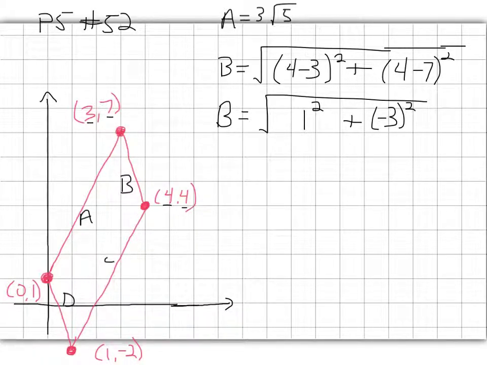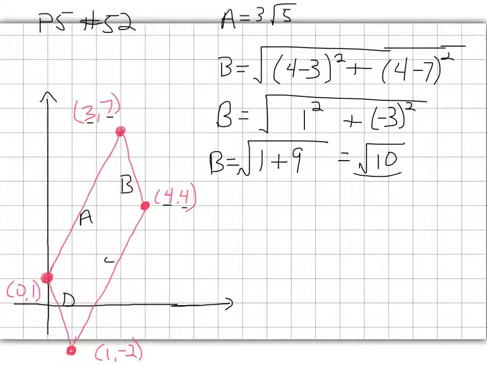Now we got to square those, so B is going to be equal to the square root of 1 squared is 1. Minus 3 squared is minus times a minus is a plus. 3 times 3 is 9, so we're going to get B is equal to the square root of 10.